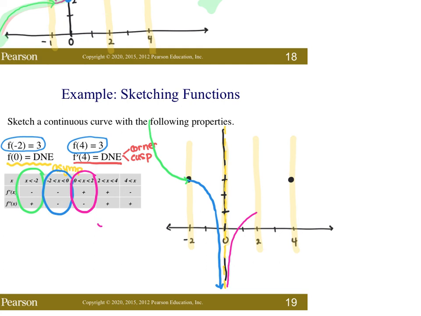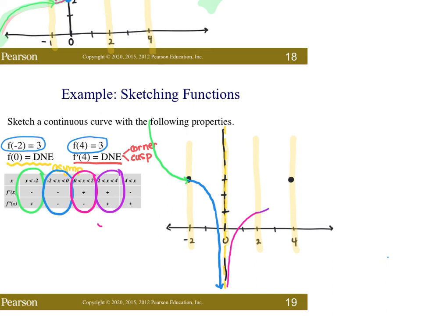All right, then let's see. My next interval is between 2 and 4. Okay, I need to keep positive slope, but I'm going to have positive concavity, and I'm going to touch that point.